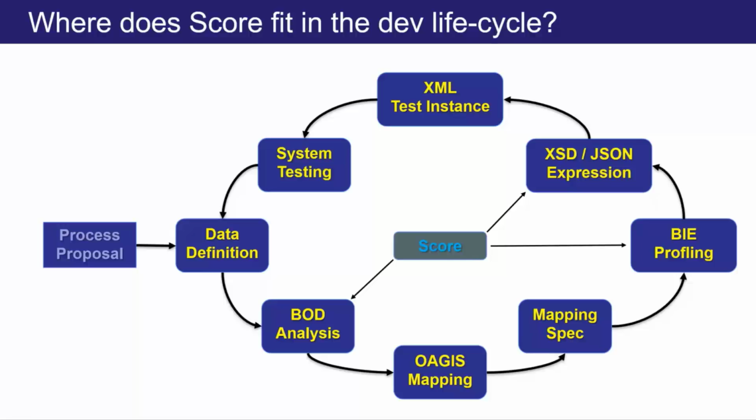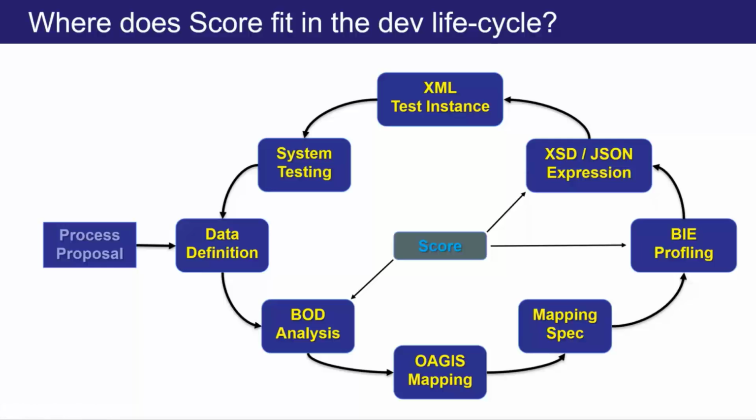And then you can profile those BIEs very quickly within SCORE. And then at the end there, you can express the XSD and JSON that your development team needs to generate and use for the APIs.